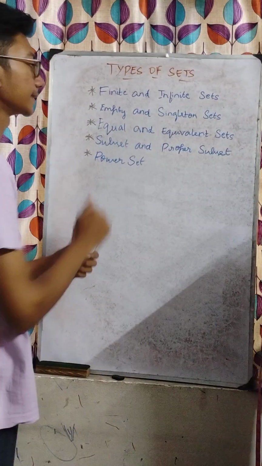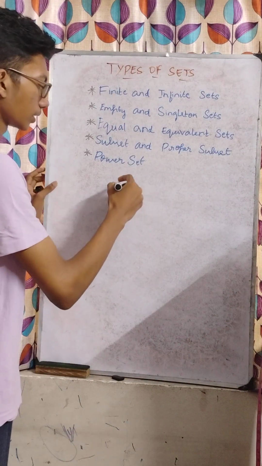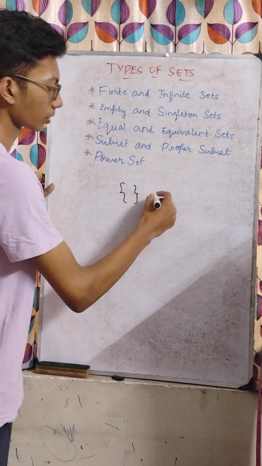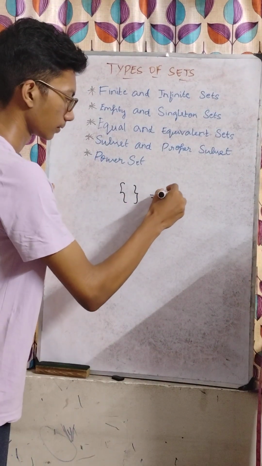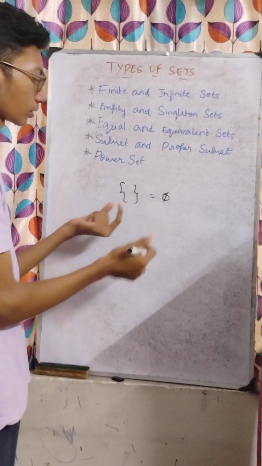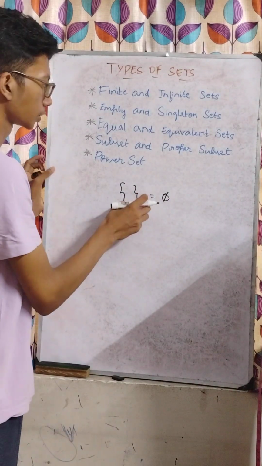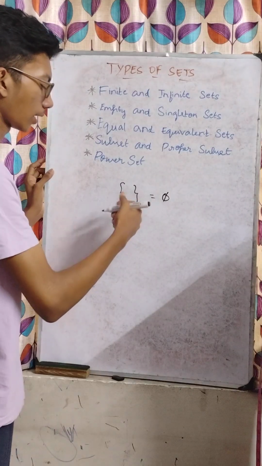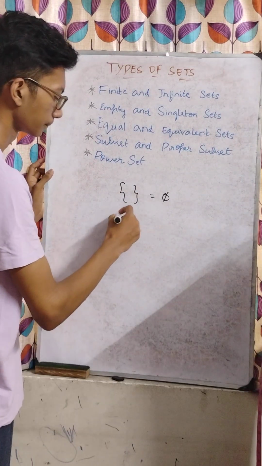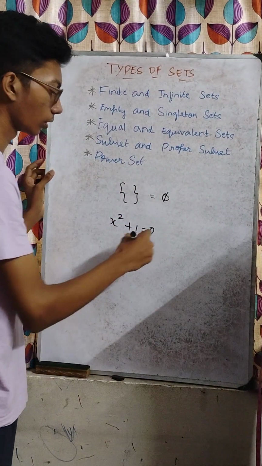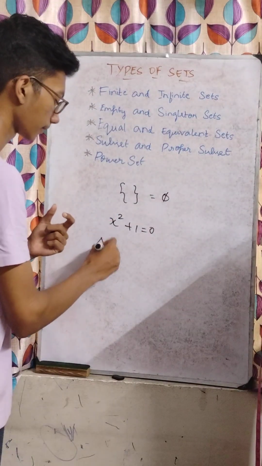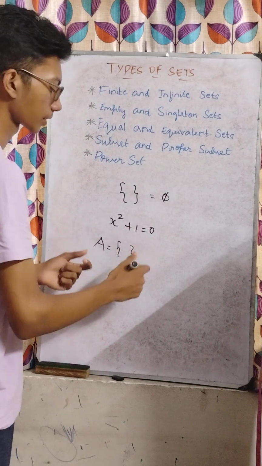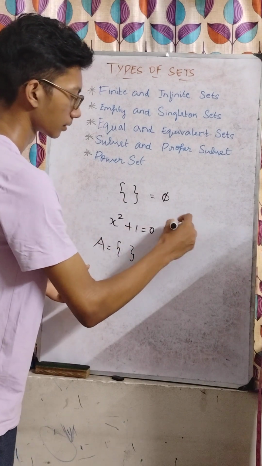So now, empty and singleton sets. As we have discussed with finite sets, this is an empty set. This can also be denoted by this symbol, which also denotes an empty set. Let's say we have a set A, which is the set of all values of x in integers such that x squared plus 1 equals 0.